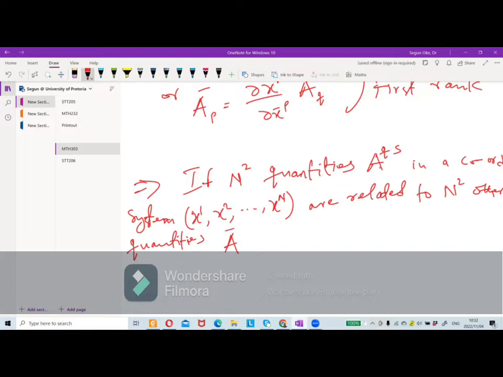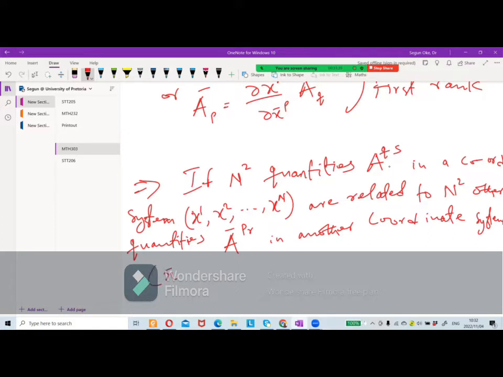So when you have A bar PR in another coordinate system of x bar 1, x bar 2, then x bar n.